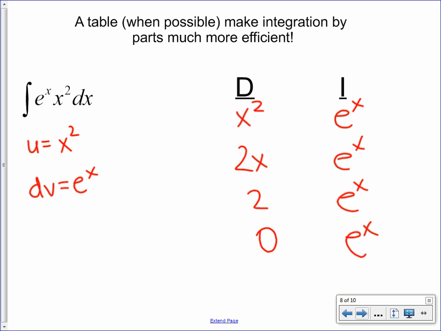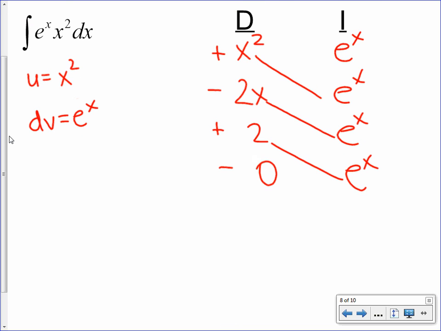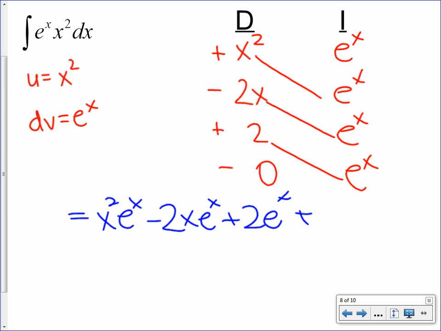We have to account for that by changing the sign, so these are going to alternate signs. There's our multiplication. So our antiderivative is x squared e to the x minus 2x e to the x plus 2 e to the x plus c.